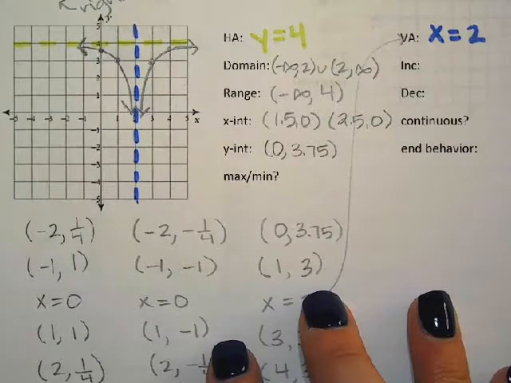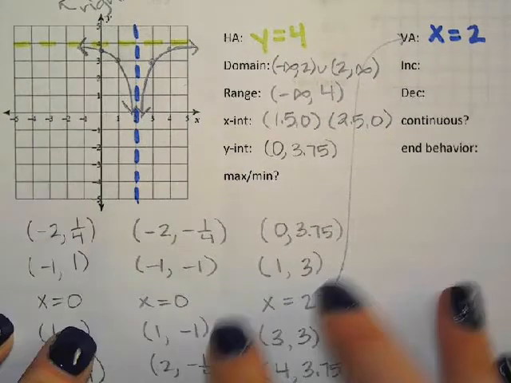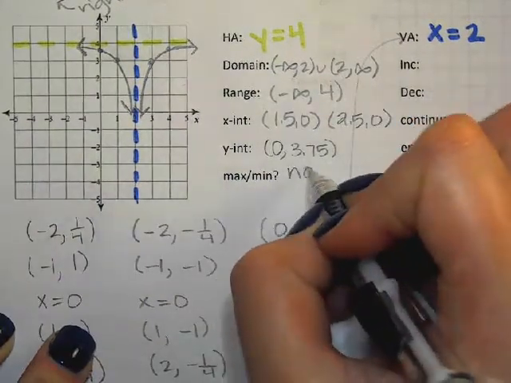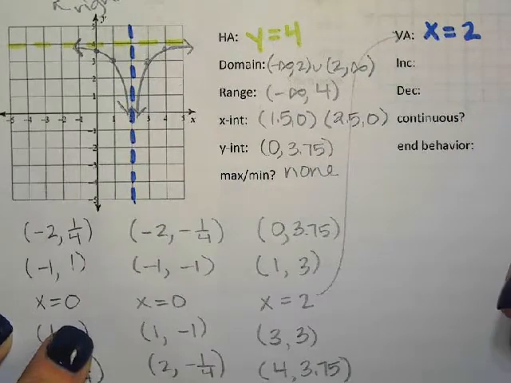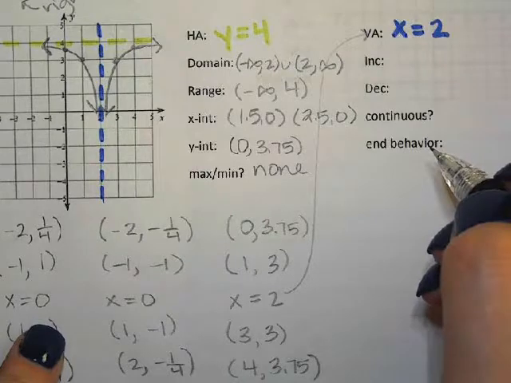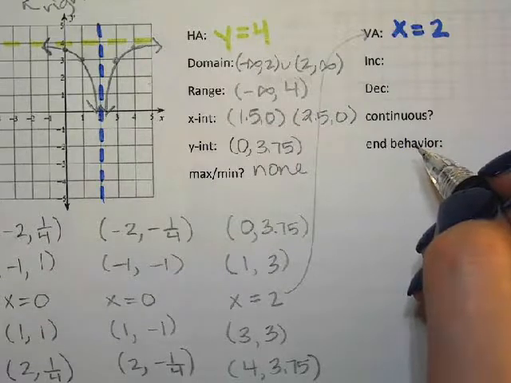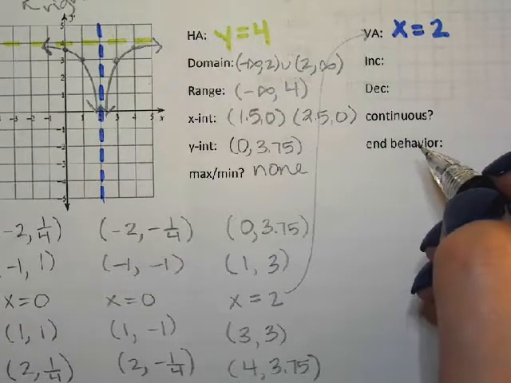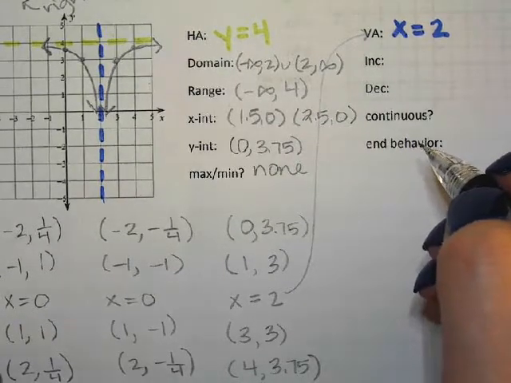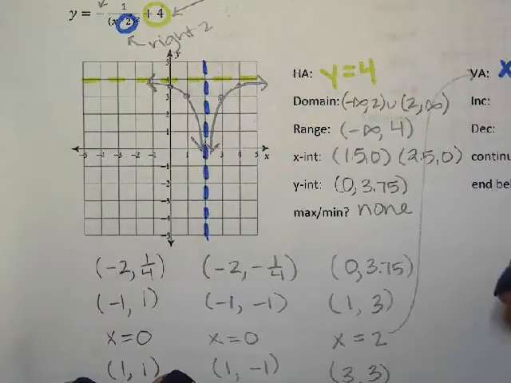Is there a max or a min? Mountaintop or a valley? No. Nope. And there never will be for these. Not when they're simple like this. In pre-calc, you look at rational functions like the ones that we were adding and subtracting and multiplying and dividing, but you actually graph ones that look that complicated. Those ones have mountaintops and valleys all the time. But ones that are simple, where it's 1 over x or 1 over x squared, those will not.